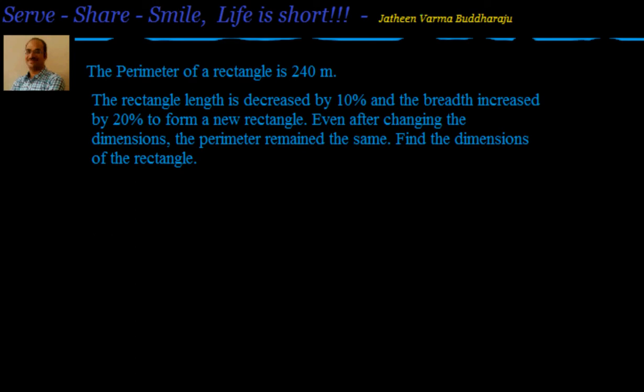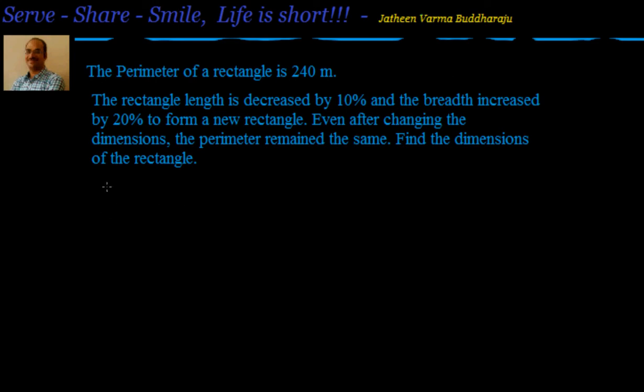Let us take length equal to L and find breadth in terms of L. Once we have length and breadth in terms of L, we will decrease or increase as needed and find the new perimeter. Because we have been told that the perimeter remains the same, we can equate it to 240 and find the dimensions of the rectangle. So let's do it step by step.